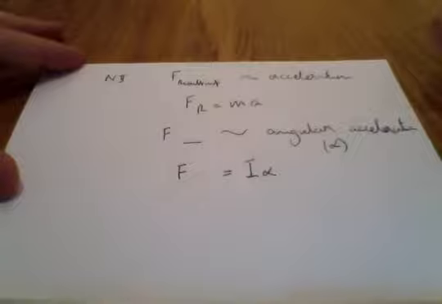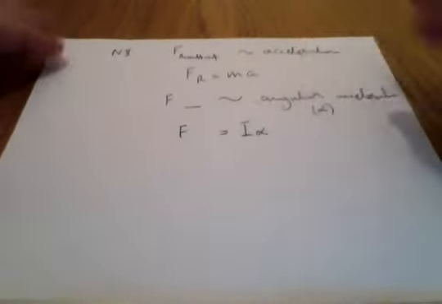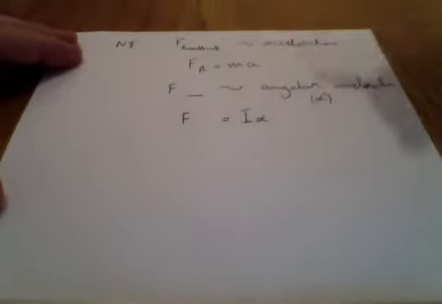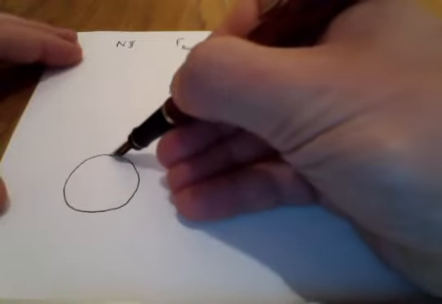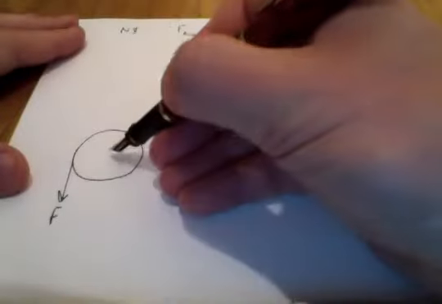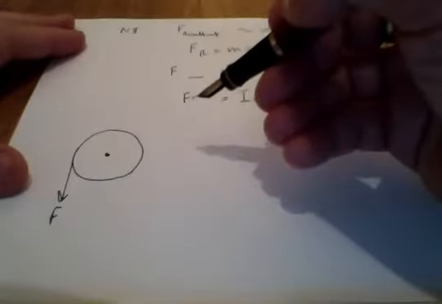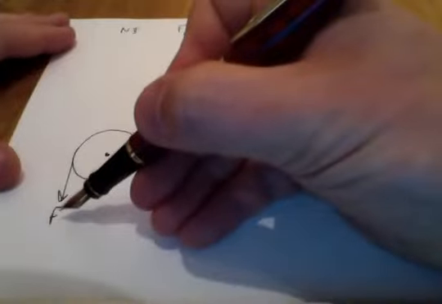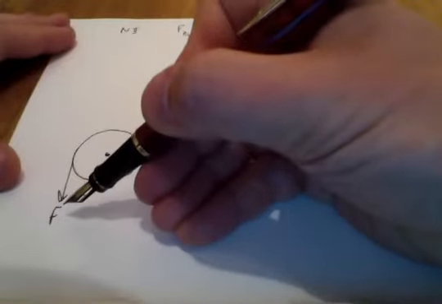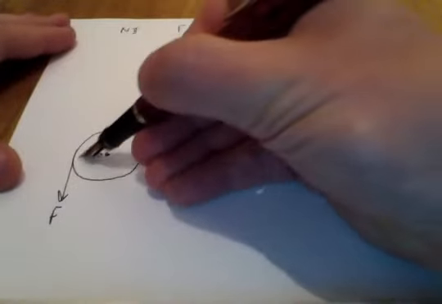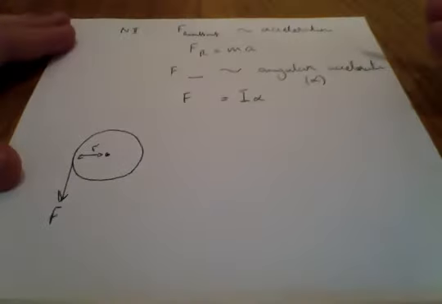However, I've left this big gap here because when you're dealing with an object which is rotating and you're applying a force to it, here's the axis of rotation. Not only does it depend upon the size of the force that you're applying, but also how far that force is being applied away from the axis.